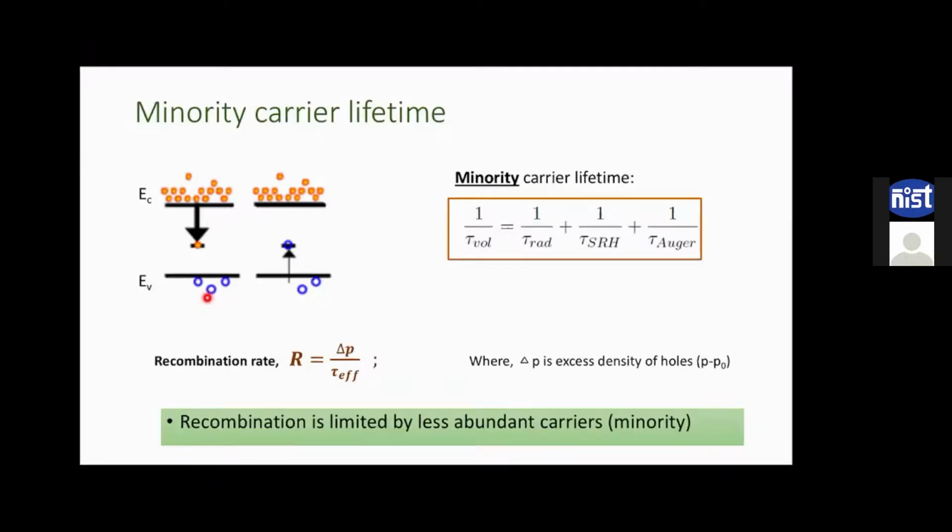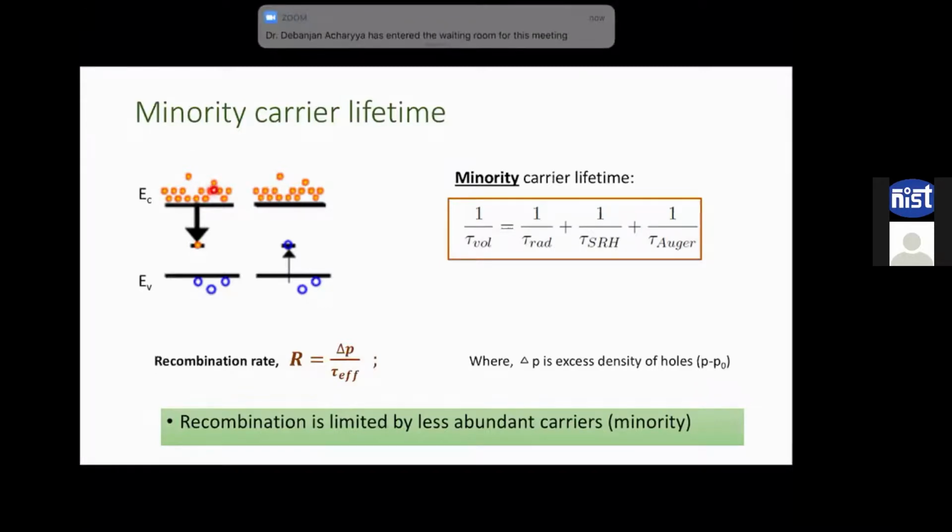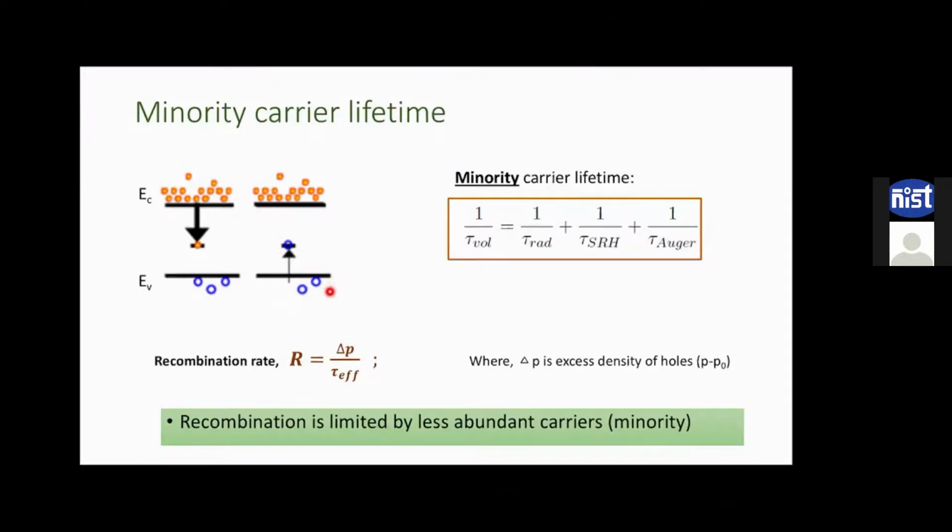Now, after photogeneration, we have created some holes in the valence band and some electrons in the conduction band. But it is very clear that the recombination is limited by the availability of the holes, and if this is an N-type semiconductor, these holes are the minority carriers.